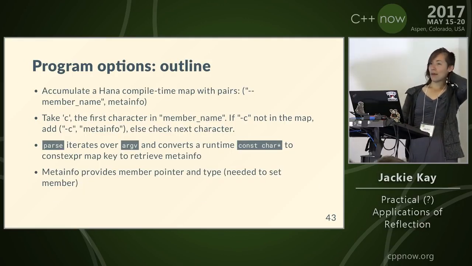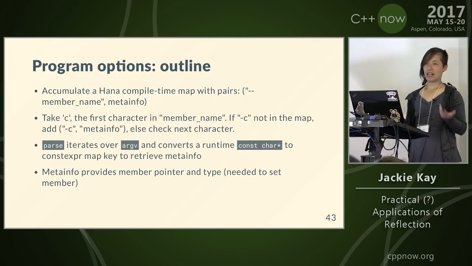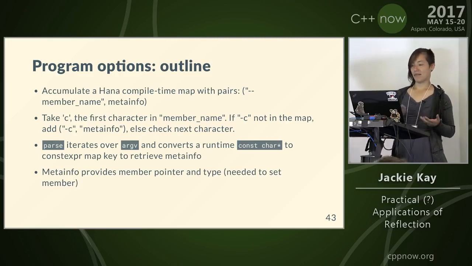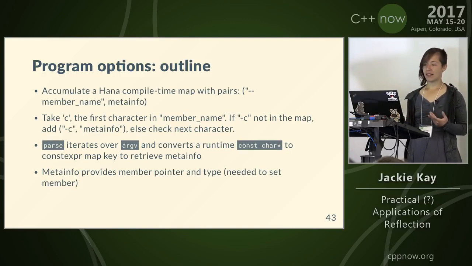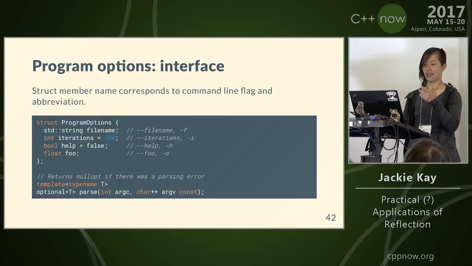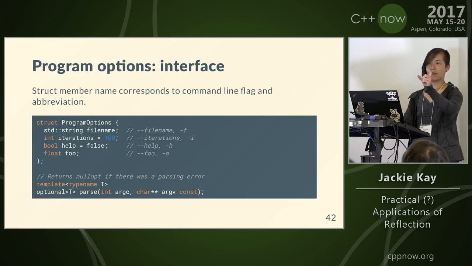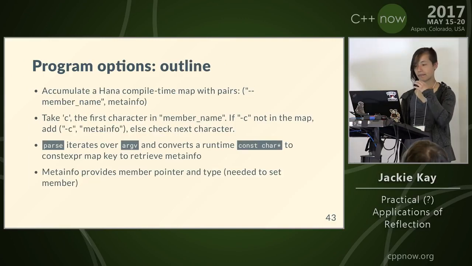The way we're going to do this is we're going to use Hana basically for the compile-time map. We're going to reflect on the program options struct, look at the name of each member, make a flag, collect the flags, then map that to the meta info from reflection in a map.